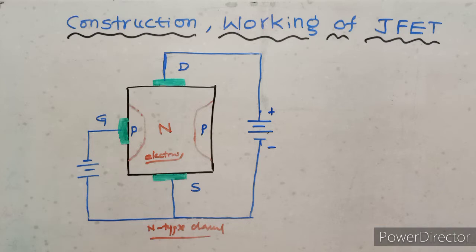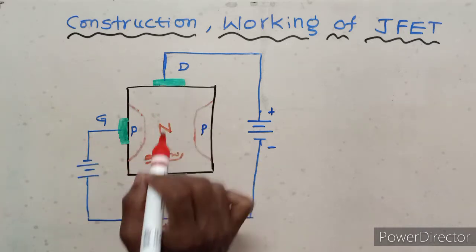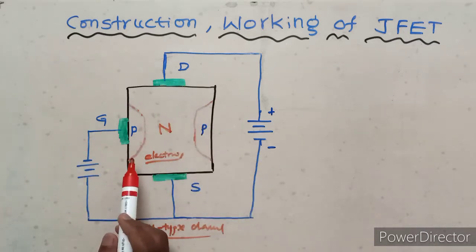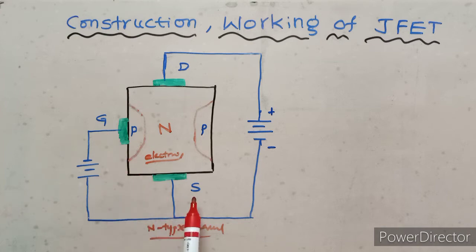First of all, the voltage between the gate and source. This is the source, this is the gate, this is the drain. The voltage between the gate and source is normally reverse biased.